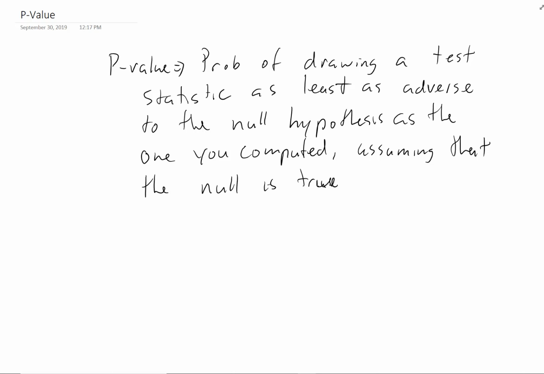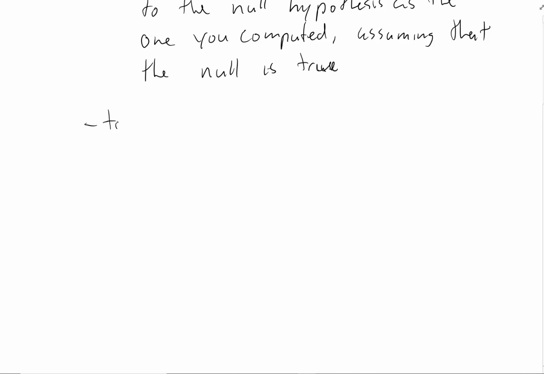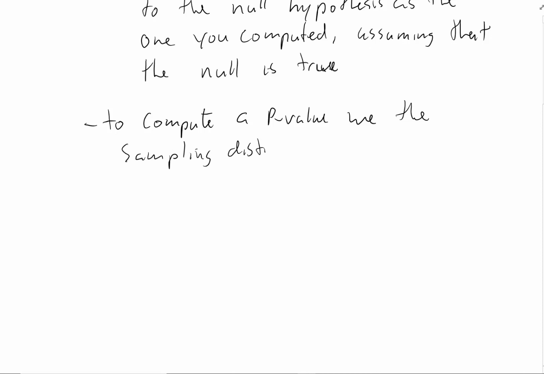To compute this p-value, we need to know the sampling distribution. So we need to figure out the distribution of this test statistic that we want the p-value of. In general, this can be complicated if n is small.